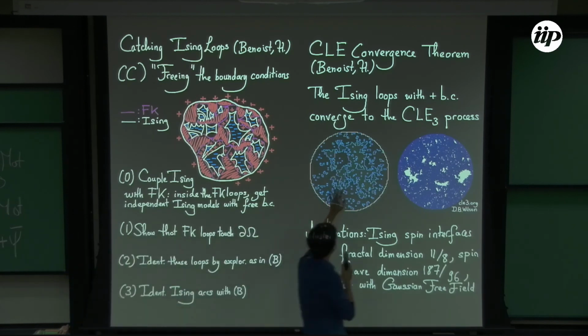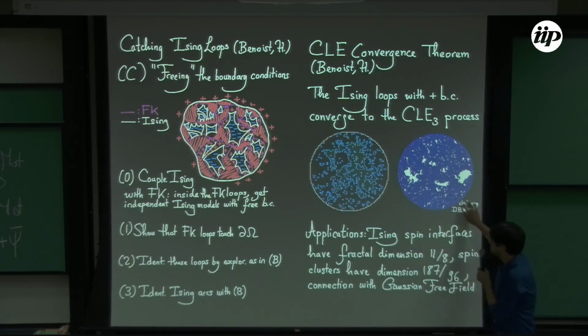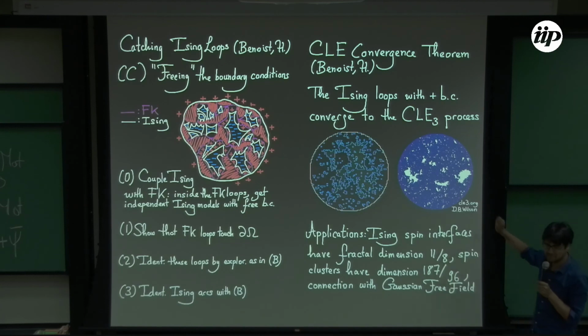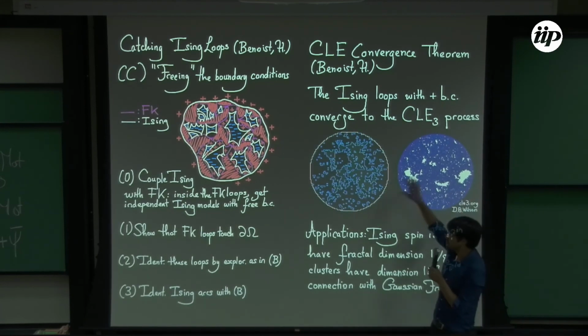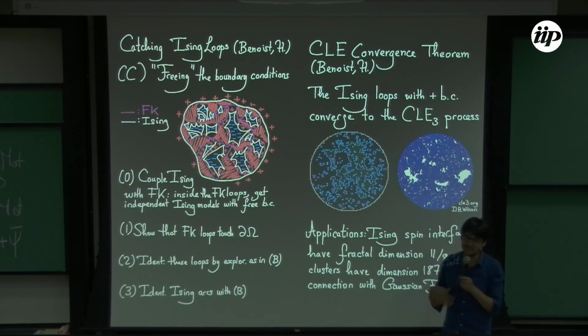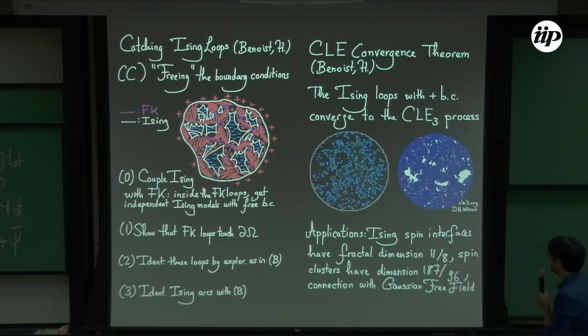So we get these are the Ising loops, and this is the CLE process. Here's a simulation of the CLE process made by David Wilson. It's a very nice website, cle3.org. I recommend you visit it. This is made out of random walks, but now we know that these 2 things are asymptotically the same. So as an application, you get something about fractal geometry.